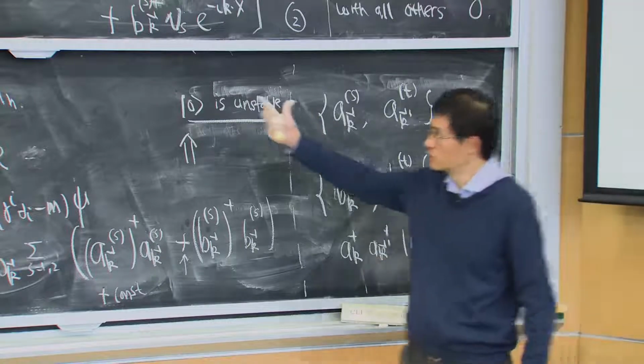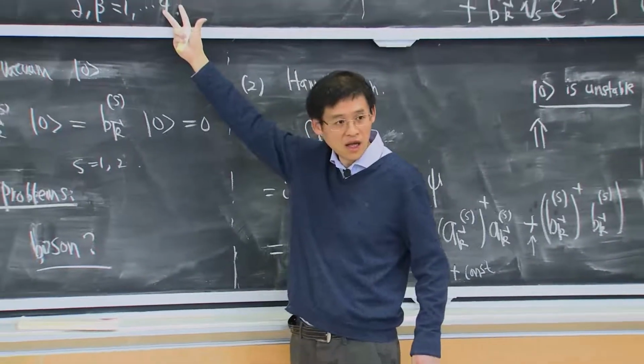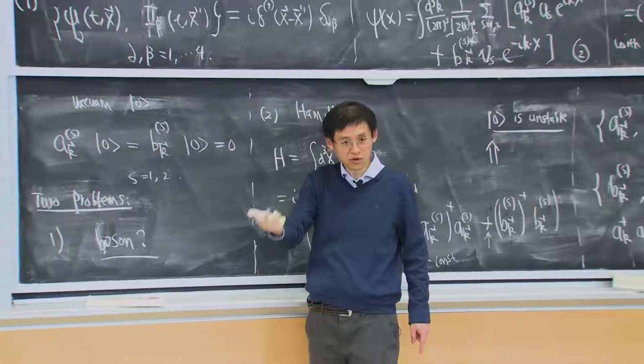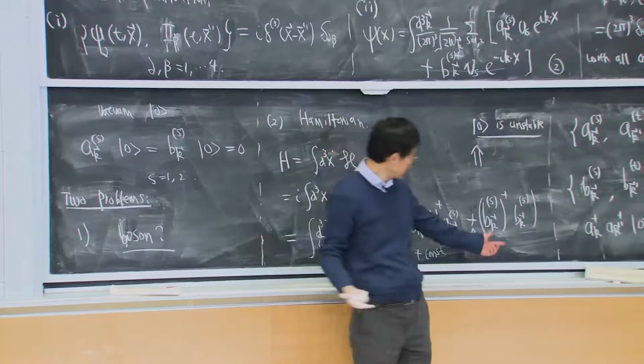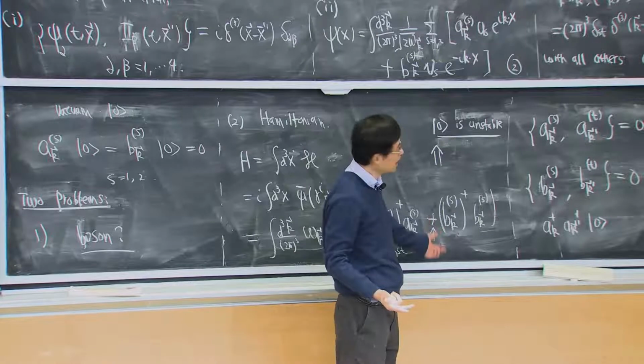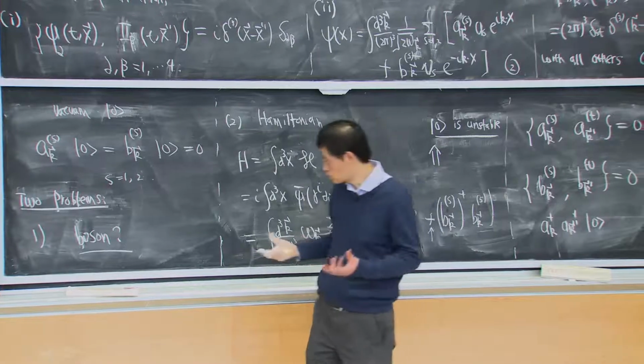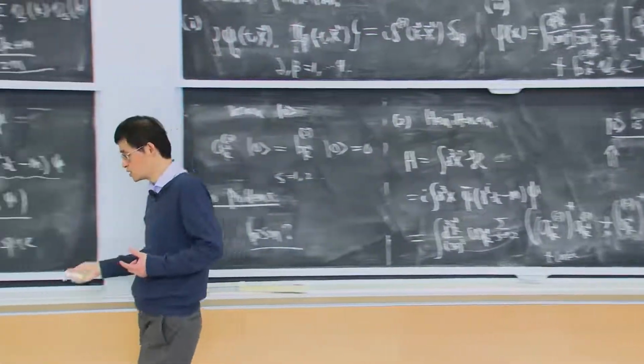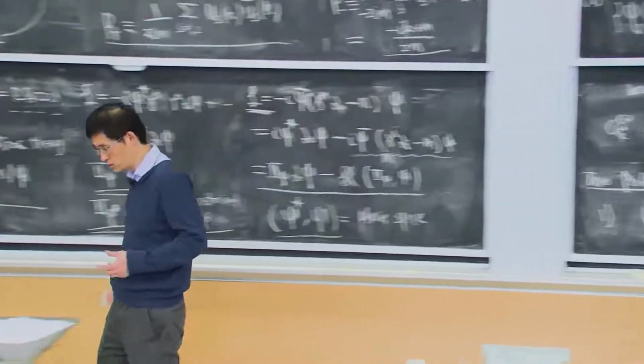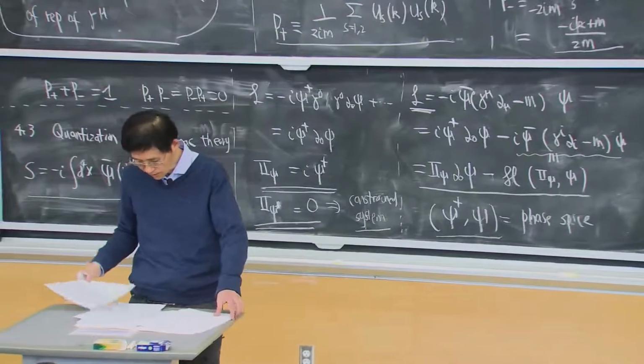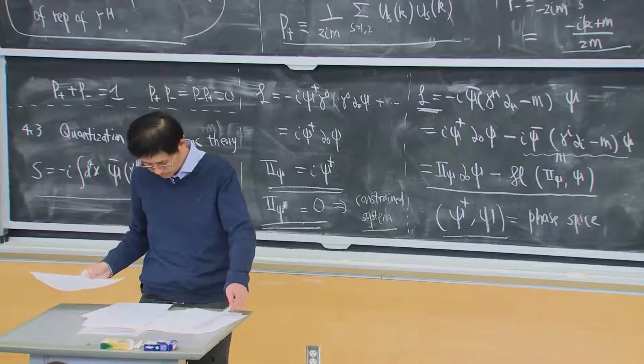So changing this to the anti-commutator solves all your problems. Your energy is now bounded from below, and you actually describe particles which obey the Pauli principle.